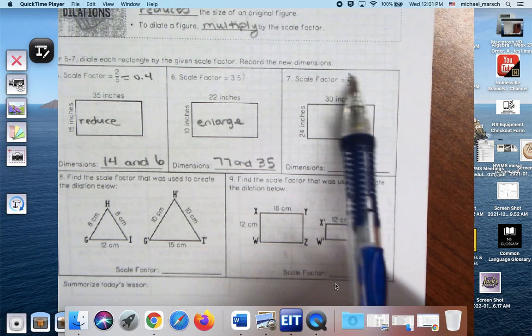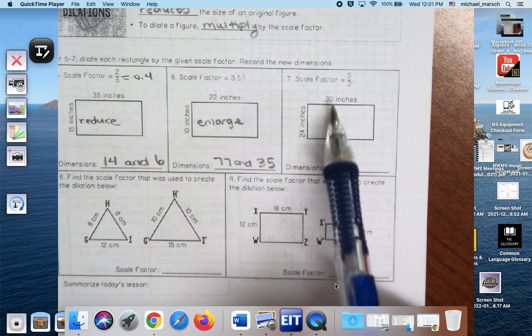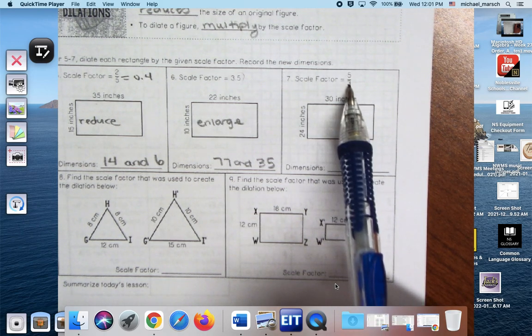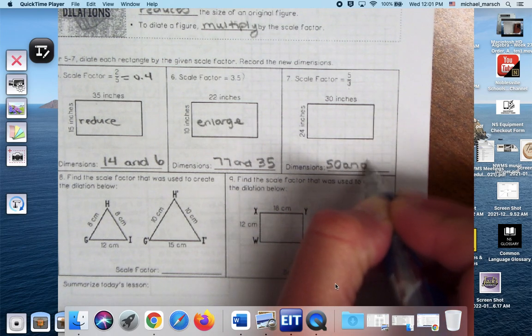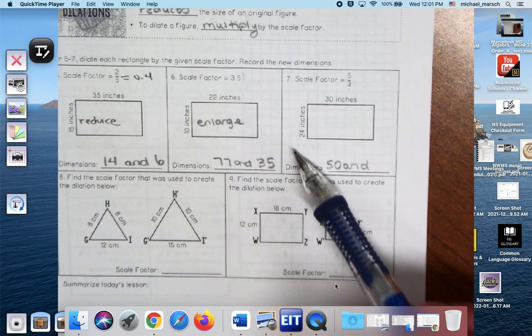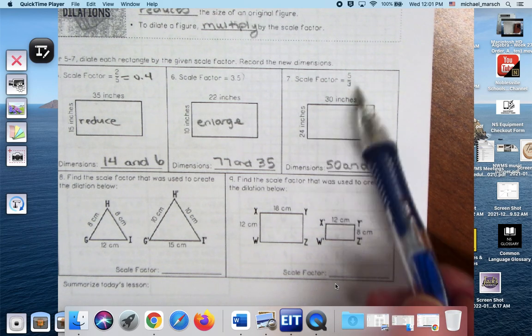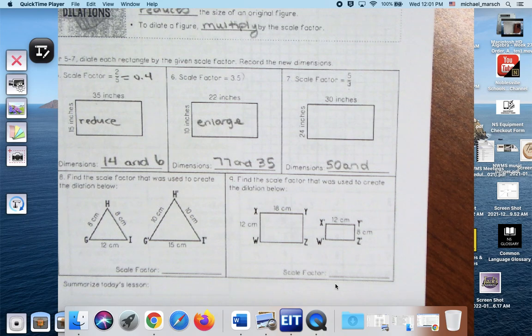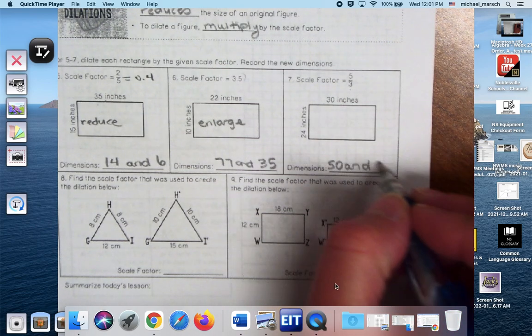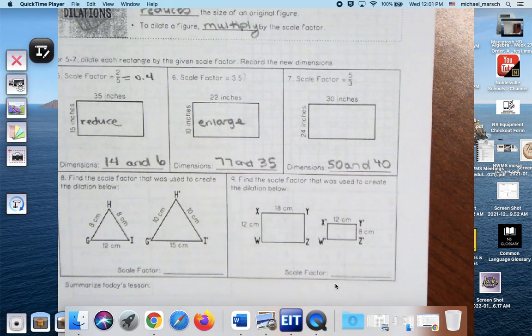So 30 times 5 will give me 150. 150 divided by 3 is 50. 24 times 5, I don't have that memorized, hold on, is 120. And then 120 divided by 3 is 40.